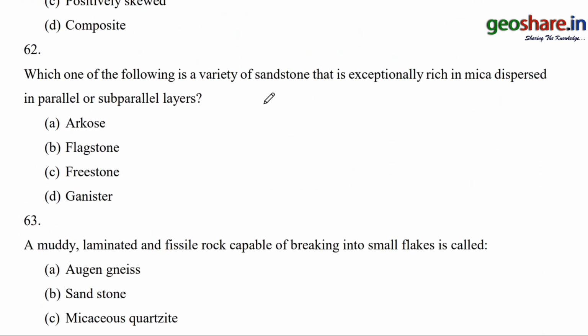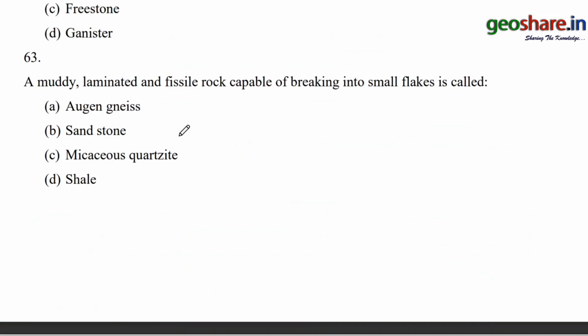Which one of the following is variety of sandstone that is exceptionally rich in mica dispersed in parallel or subparallel layers? Arkose, flagstone, freestone, graywacke. Which one? B. Flagstone.